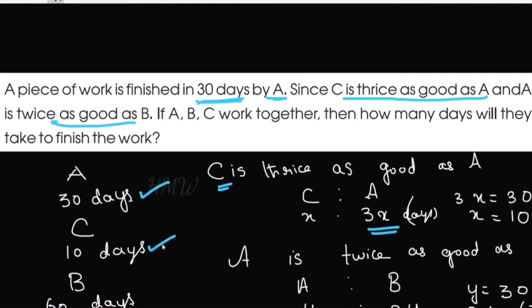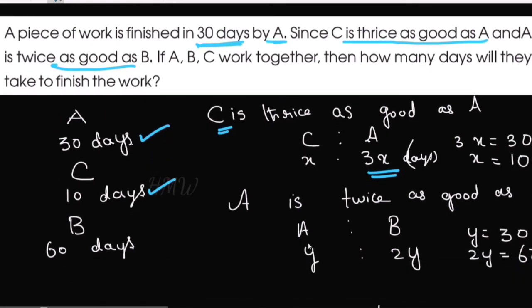So A takes 30 days, C takes 10 days. Now the second condition given here is A is twice as good as B. So if A takes Y days to complete a work, B will take 2Y days. I told you, if A takes Y days, multiply by 2 and write 2Y here.